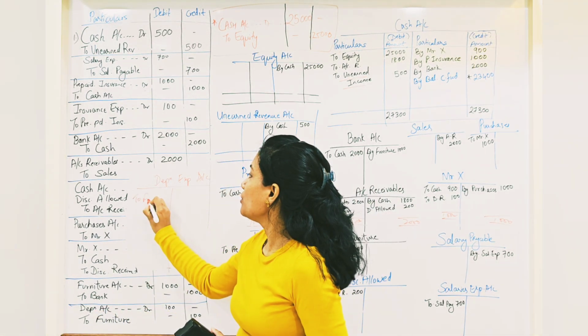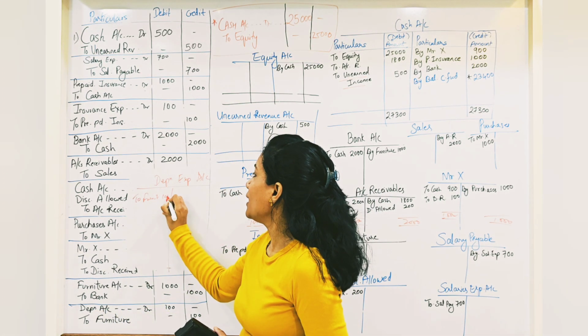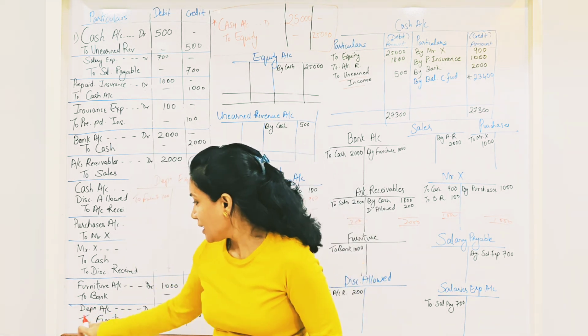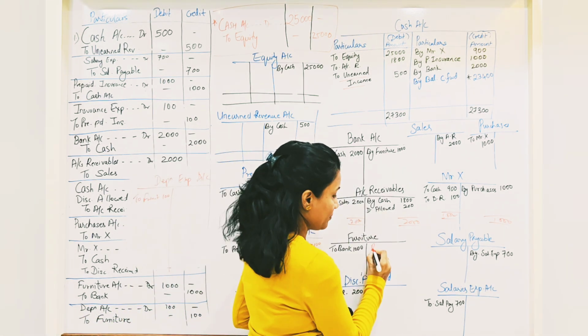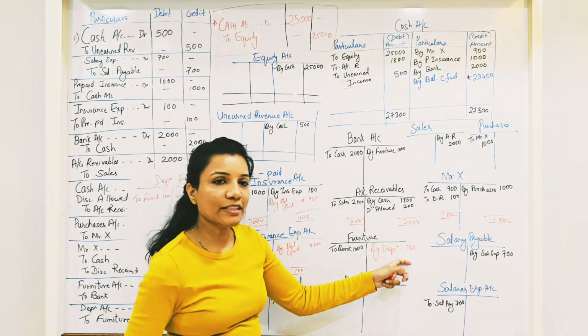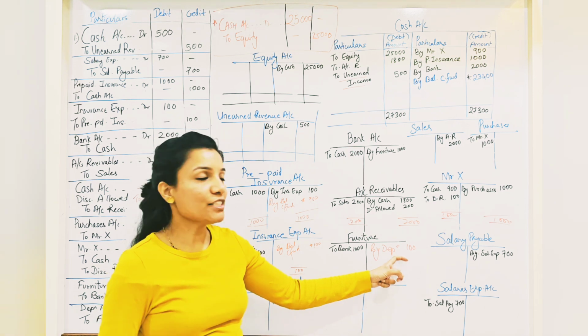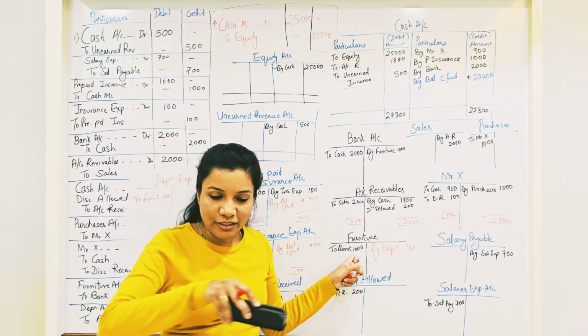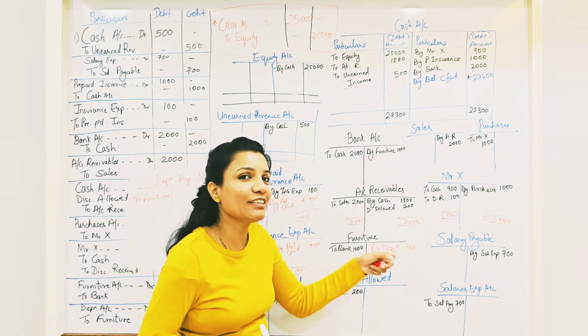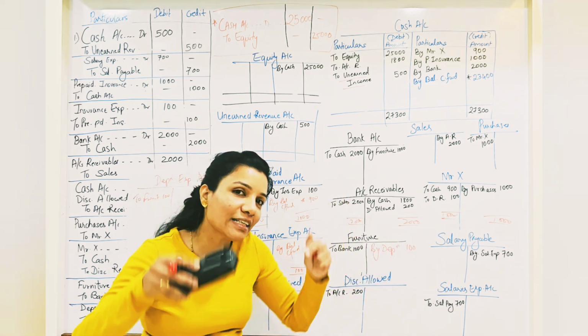So to furniture 100, and furniture account will be credited by 100, by depreciation 100. Why credited? Furniture is an asset. Its value was 1000. After the end of the year, I want to reduce its value to 900.